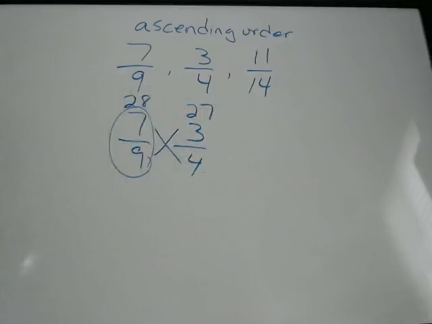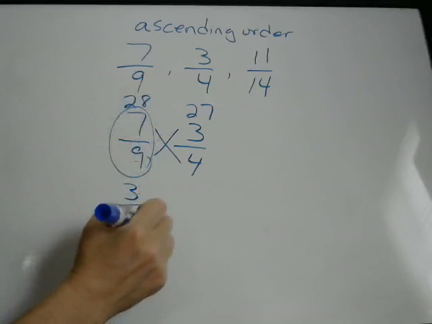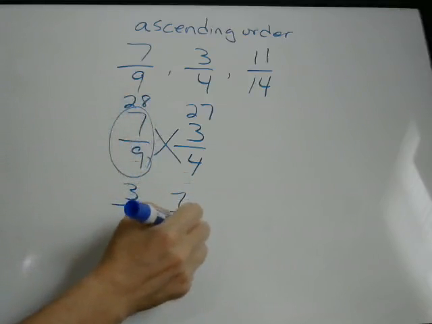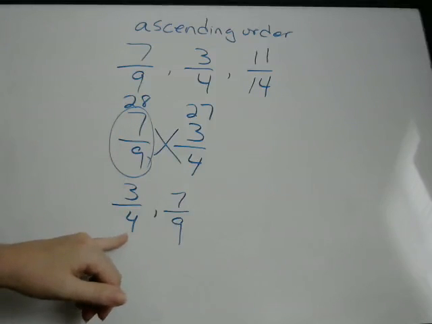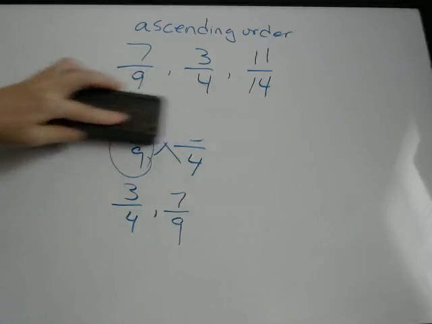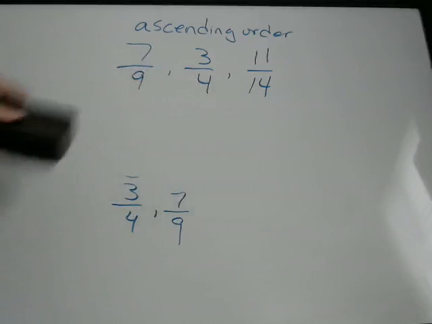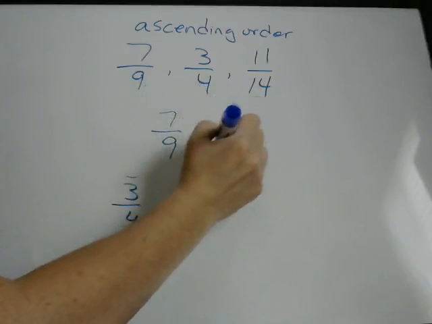These numbers up here really don't mean anything, the 28 and 27, they're just used to compare. So we know that 3/4 is less than 7/9. So we know that in ascending order, wherever this falls, 3/4 is going to be before 7/9. So then we're going to compare 7/9 and 11/14.